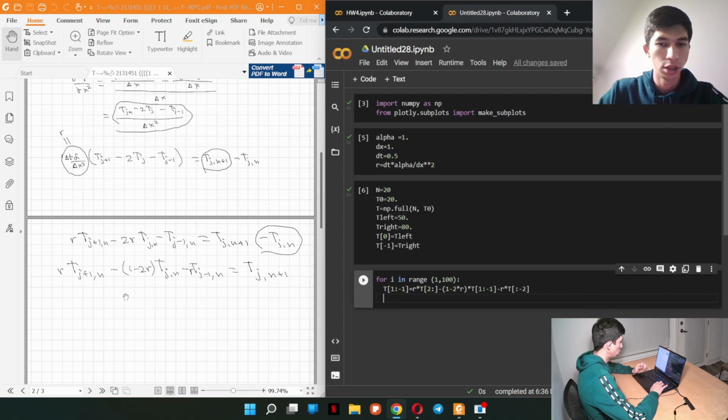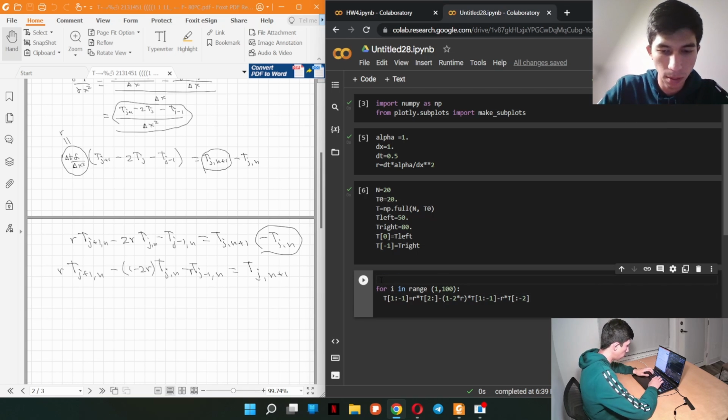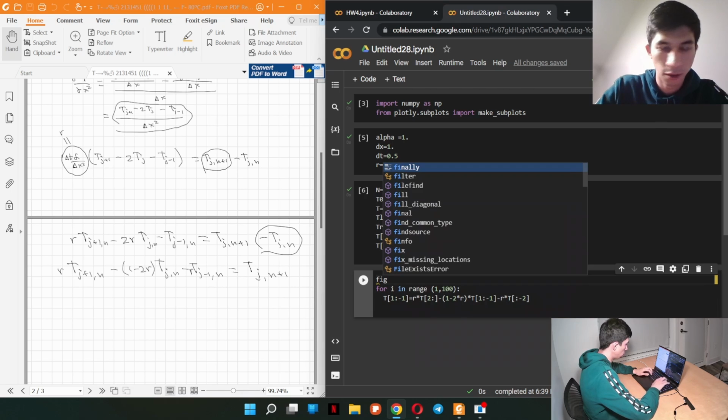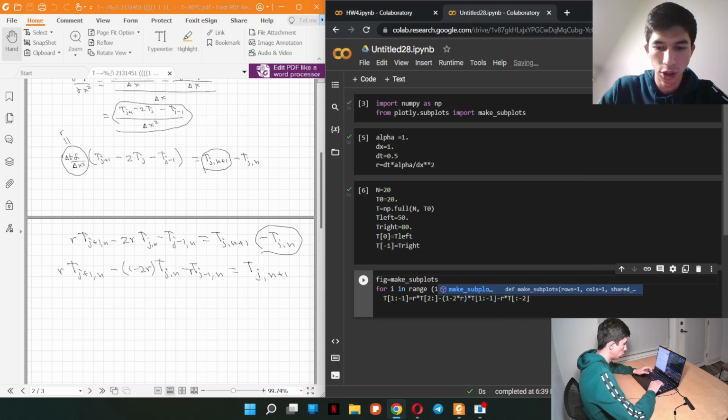Okay, so what I'm going to do now is, let's create a plot right here. So we're going to make a figure, make subplots, right?